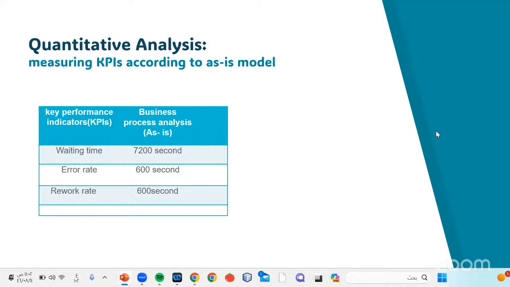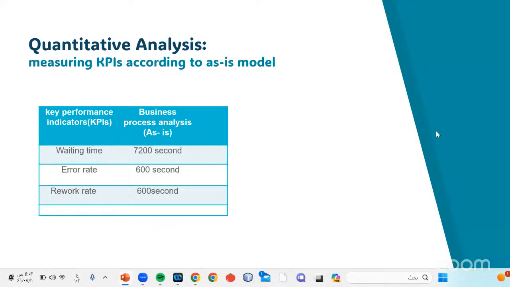Here is the measurement of KPIs according to the as-is model. The KPI performance measures the efficiency of warehouse operation based on the current as-is process. The table highlights four main KPIs. Waiting time takes 7,200 seconds, which is about 2 hours.